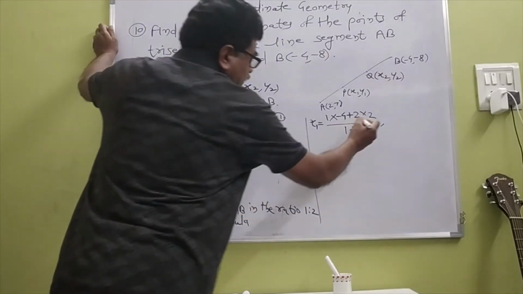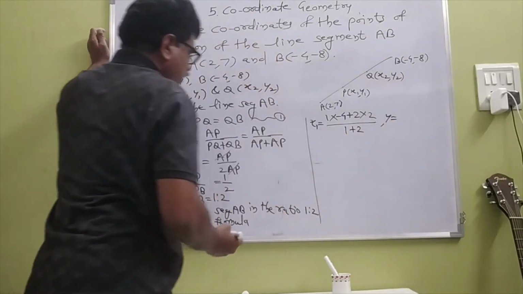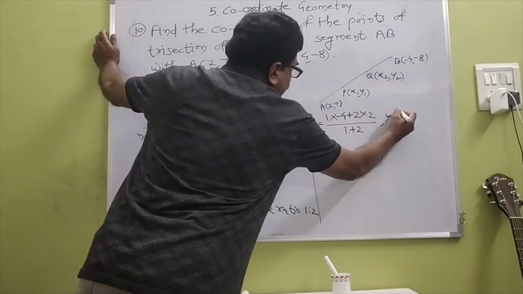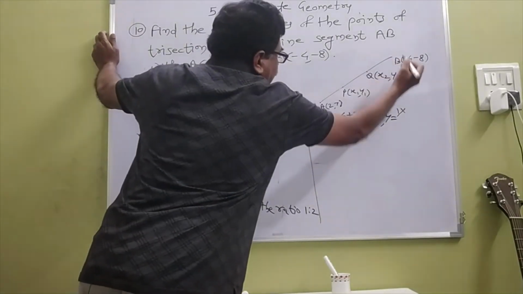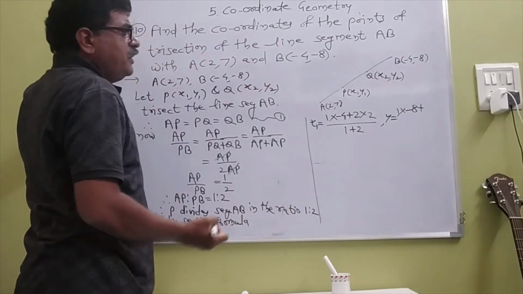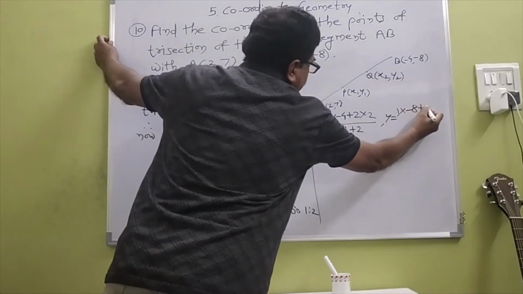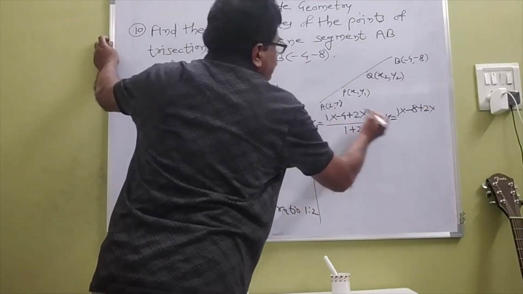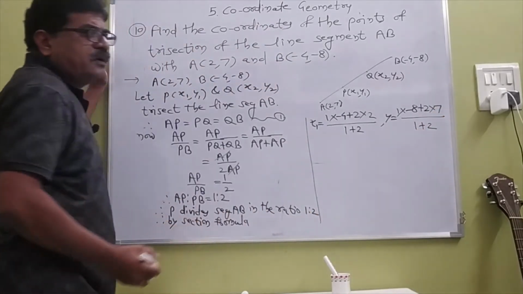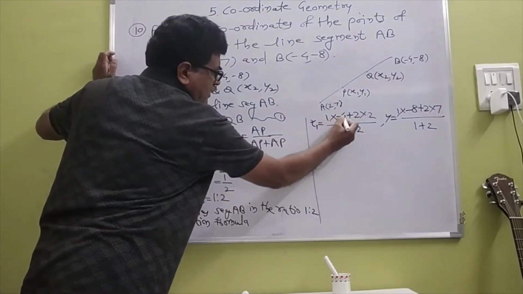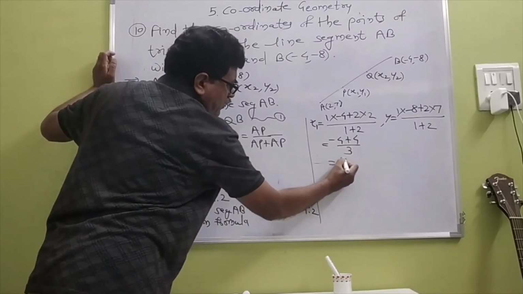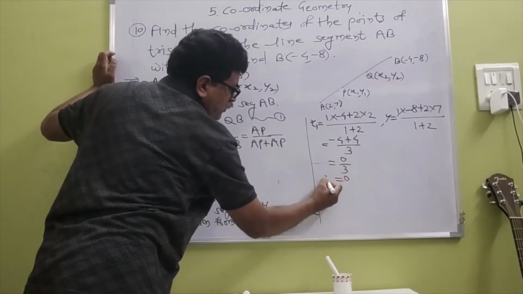And also y is equal to (m y2 + n y1) divided by (m + n): m is 1 into y2 is -8 plus n is 2 into y1 is 7, divided by m plus n, that is 1 plus 2. So x1 is equal to (-4 + 4) divided by 3 is equal to 0 upon 3 is equal to 0.